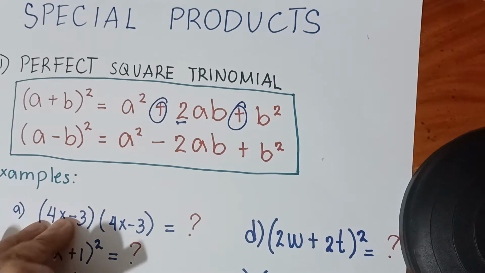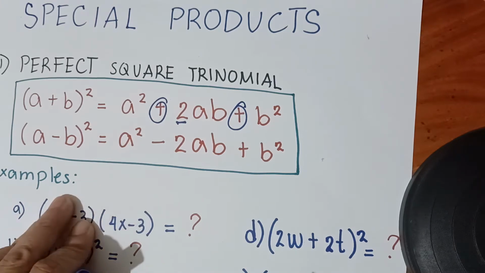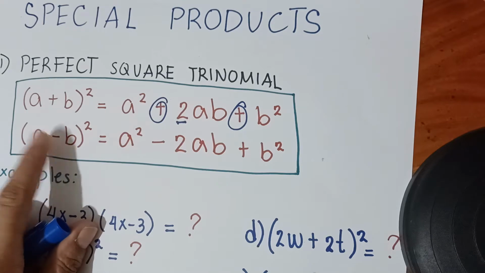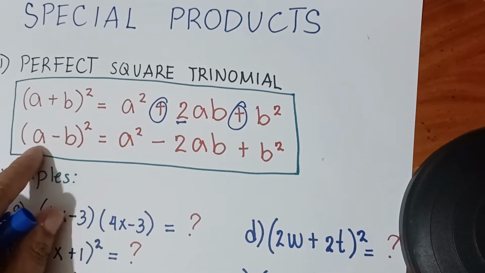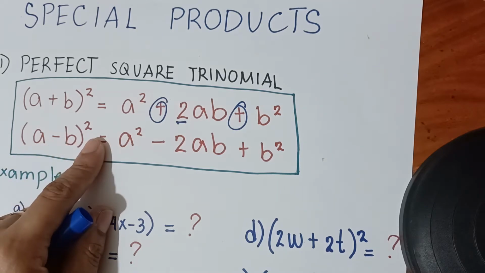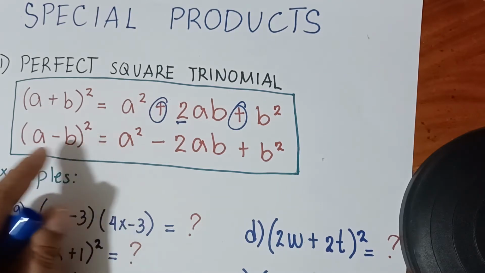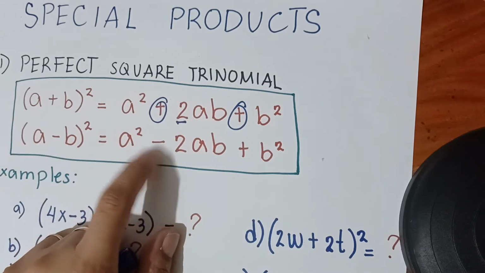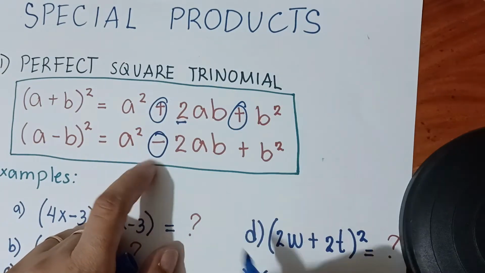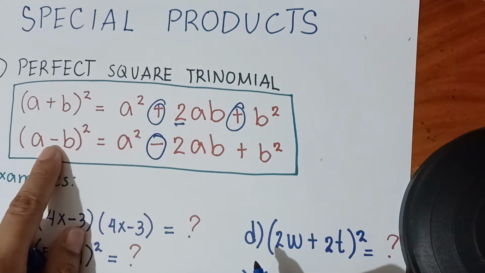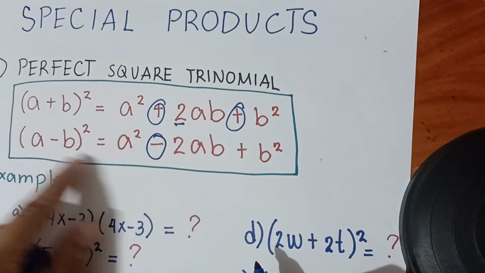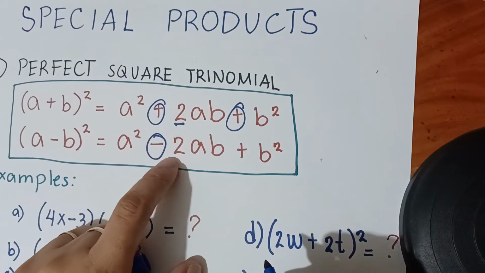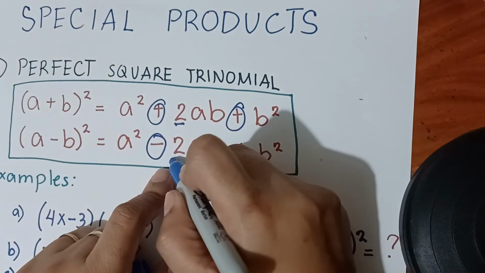Okay? Now, what if yung perfect square trinomial mo, the middle or the operation in between is minus. So, it's A minus B squared naman siya. So, same thing lang. Still, you're going to square the A, pero the middle term will be minus. Kasi minus yon nandoon. Okay? So, minus and then the 2, as I have told you, 2 is constant.